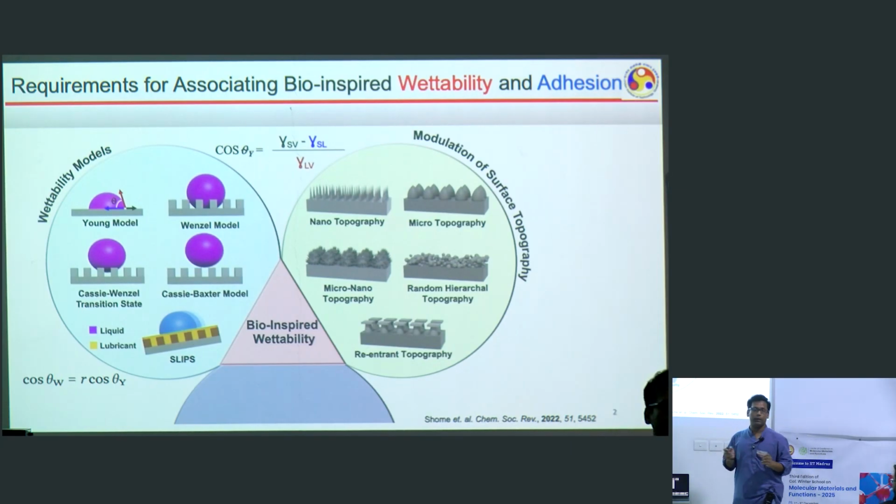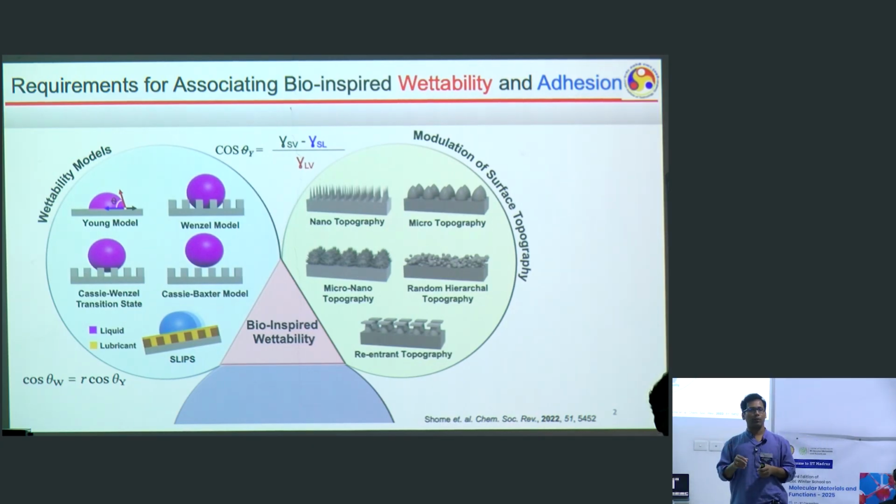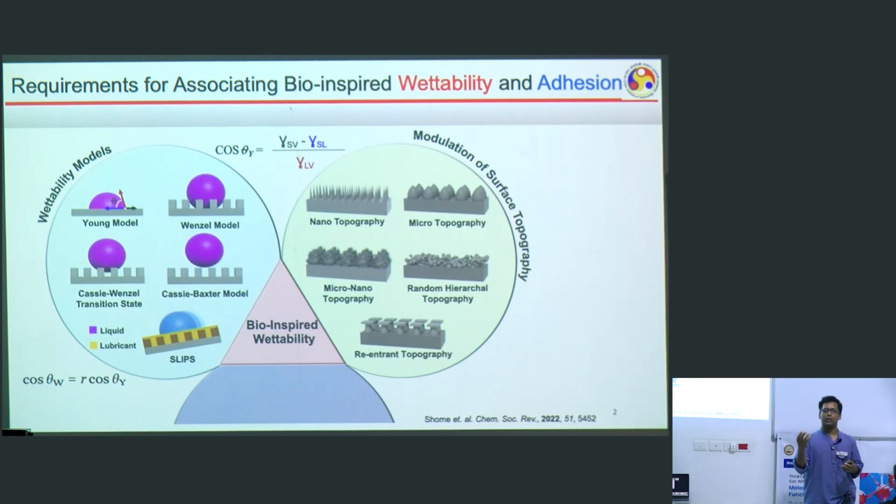Okay, but there are some interfaces which don't follow either Young's law or the Wenzel wettability model. Rather, they follow a completely different wettability principle, called heterogeneous liquid wettability, which we find in a lotus leaf. Has any one of you seen a lotus leaf with a water droplet, or say a taro leaf? In Bengali, it's called pochu pata. Even the cabbage leaf, rice leaf. There are many. Even butterfly wings.